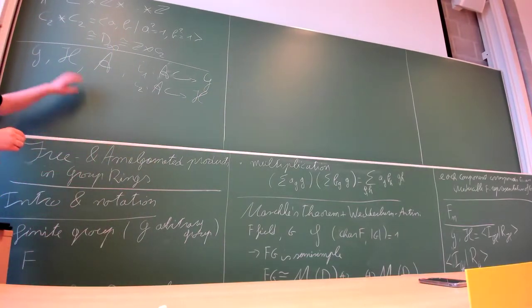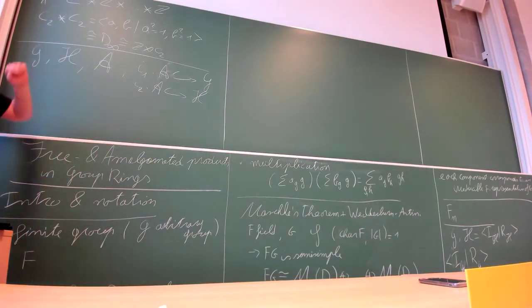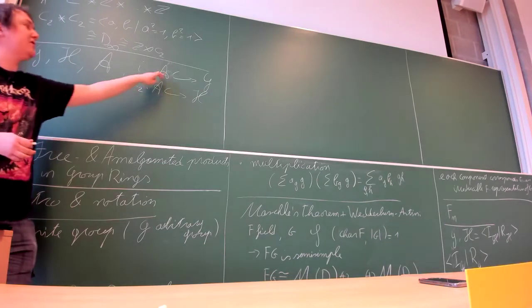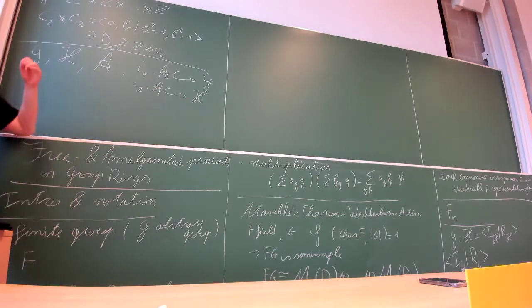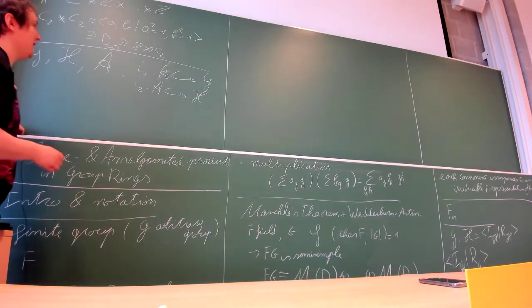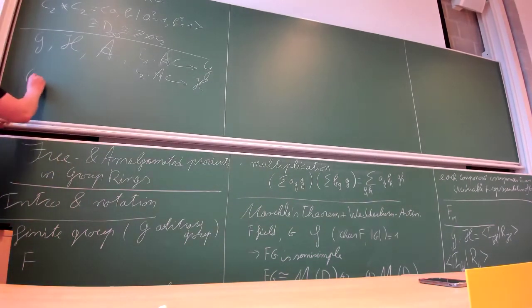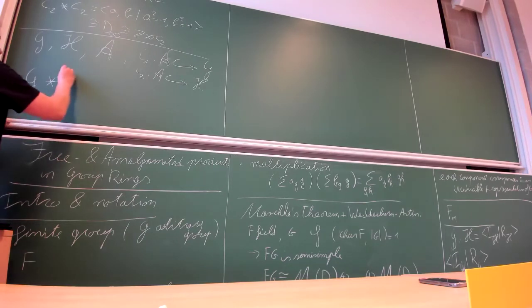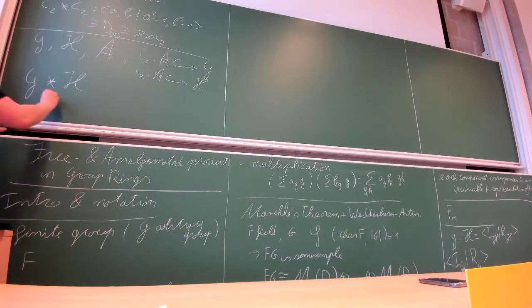Then instead of just smashing groups G and H together, you can also make such a free product. You just take arbitrary words, but the elements of these images of A, they can be like a double agent. They can both be in the group G and in the group H at the same time. Okay. So how do we do this? Well, let's first write a notation for this.